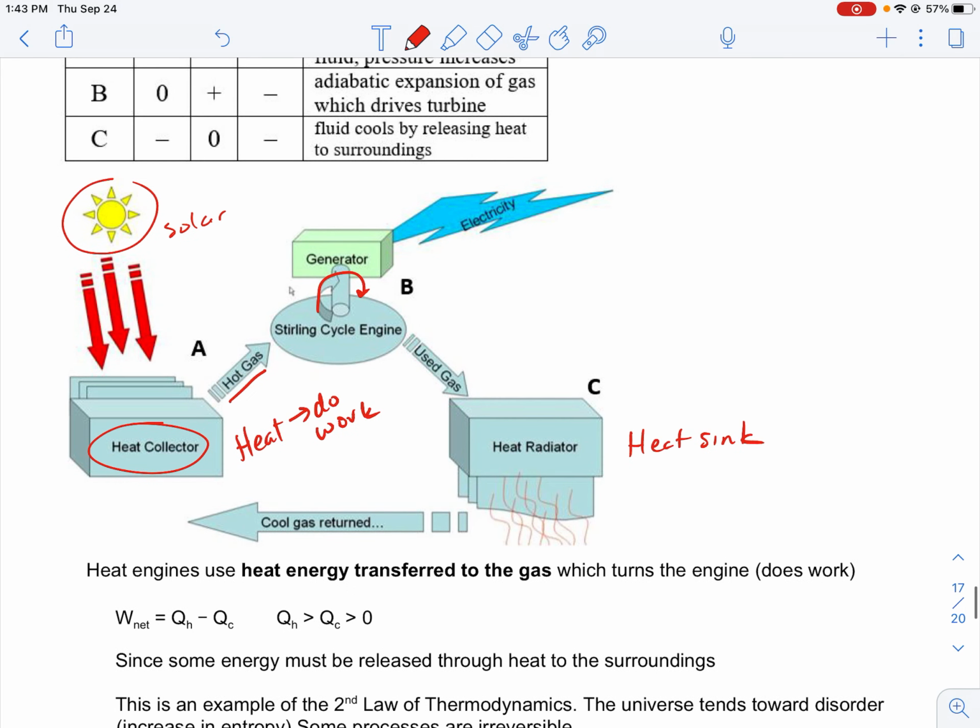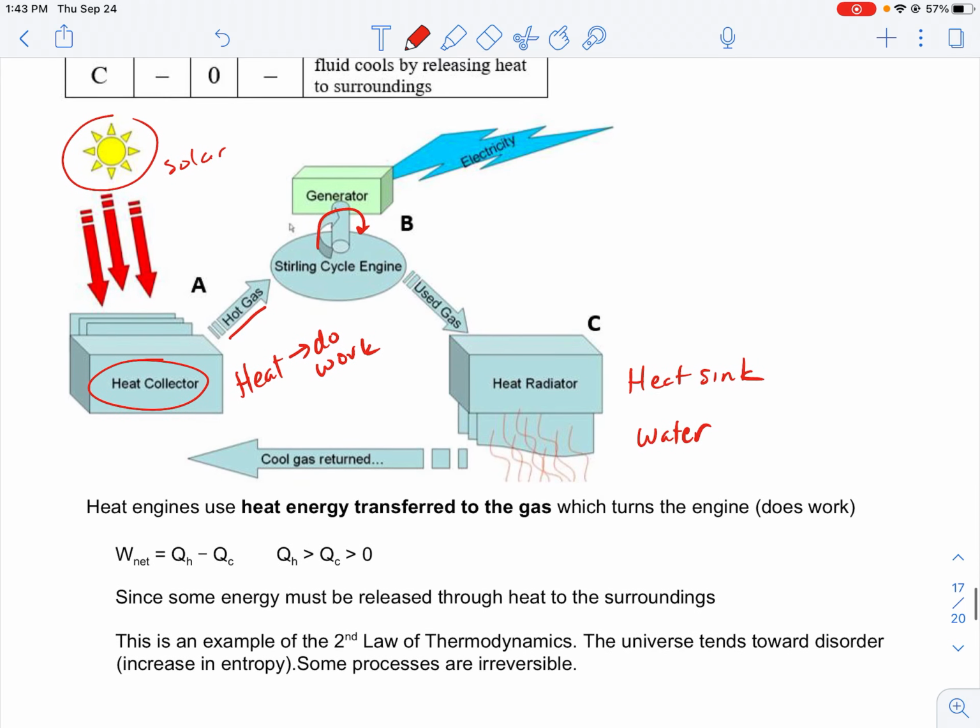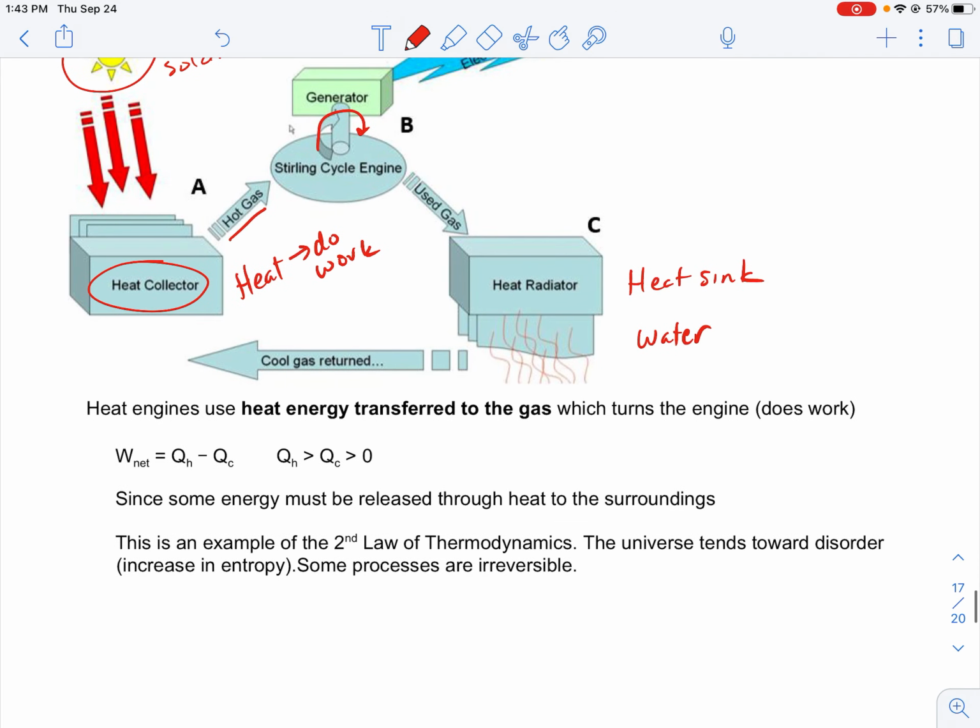Some places, like power plants, use a water source for a heat sink. Lake Monona is a heat sink for MG&E, and you'll see parts of Lake Monona that do not freeze because of that. Anyway, the cool gas is returned to the heat collector, and the cycle repeats. So this would be a closed loop of gas.